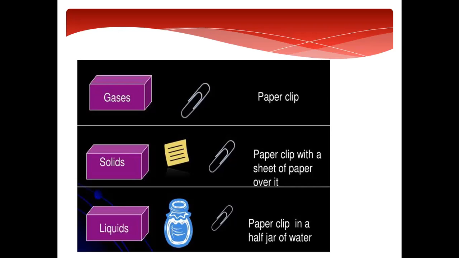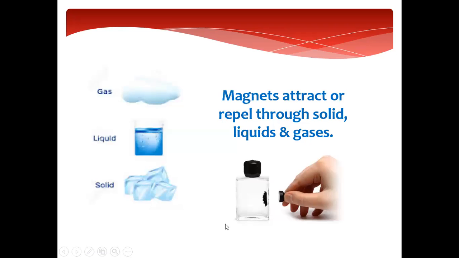No, it's attracting neither the paper nor the wooden spoon. In the third example, if I put the wooden spoon inside this jar of water, will it be attracted? No, it will not, because the magnet is not attracting the wood. So magnets can attract or not attract things through solids, liquids, and gases.